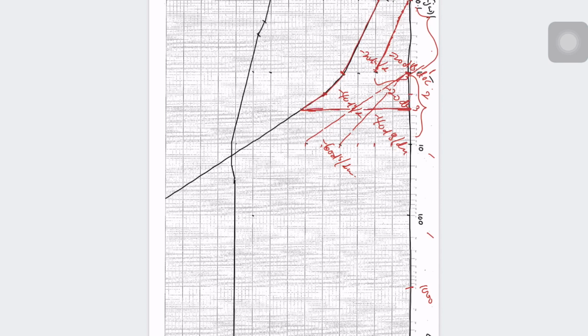Okay, and then from 3 you will drop negative 40. So we know this one is 40, right, just now. So from here, you drag to the point. So this is the negative 40 dB per decade.